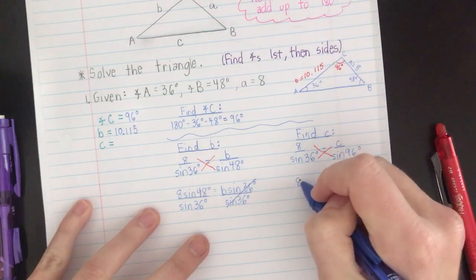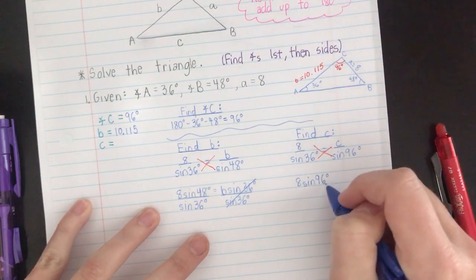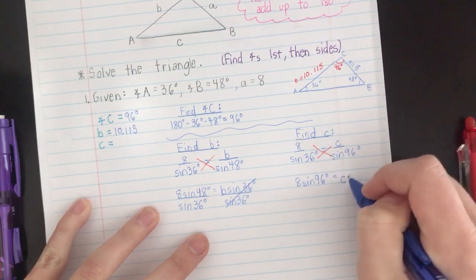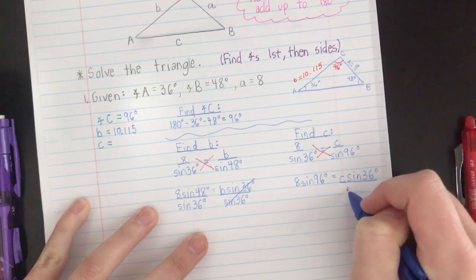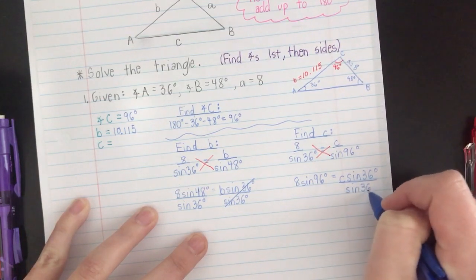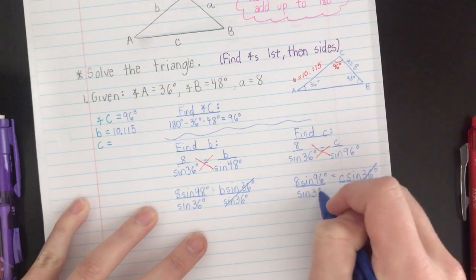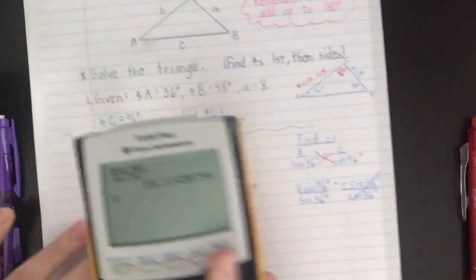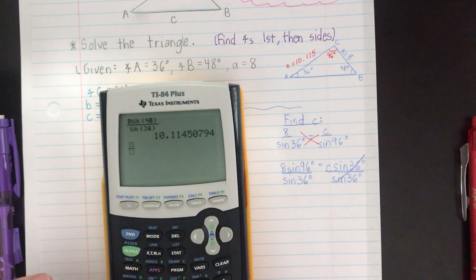So 8 sine 96 degrees is equal to C sine of 36 degrees. Divide by sine 36 degrees. Type it in the calculator. I'm going to use the alpha y equals.